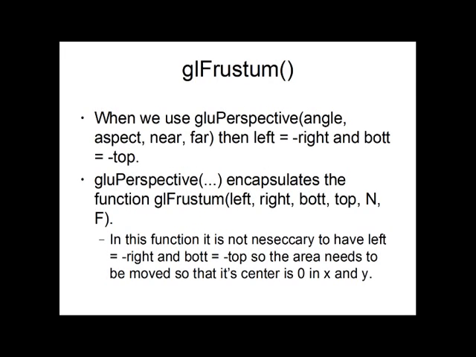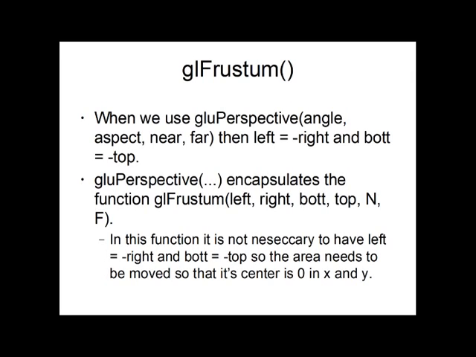So let's look at the OpenGL function that actually sets up the projection matrix. So we looked at gluPerspective, and gluPerspective takes in as variables an angle, an aspect ratio, and the near plane and the far plane. And when we use gluPerspective, left will simply be -right and bottom will be -top.